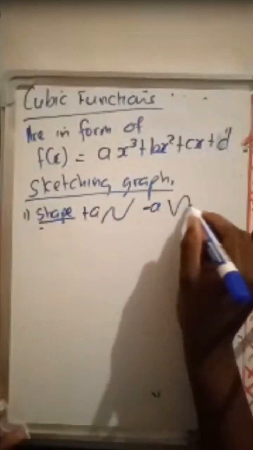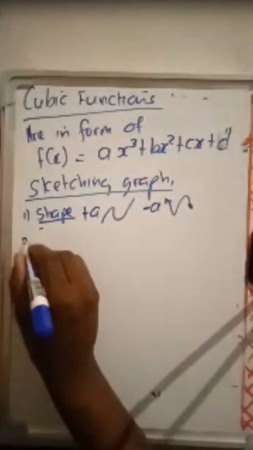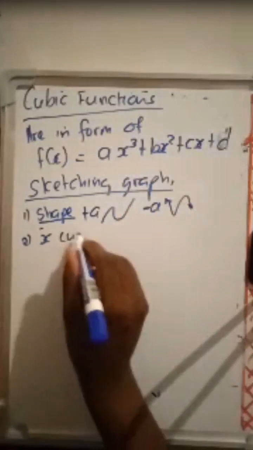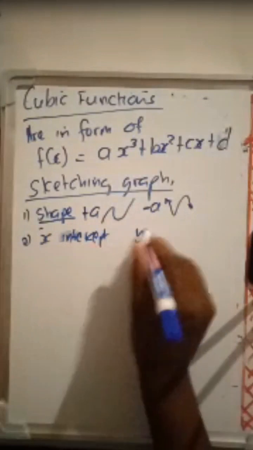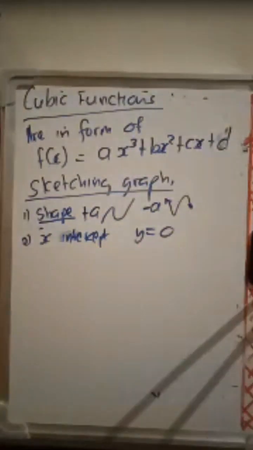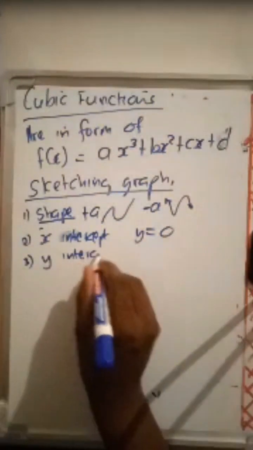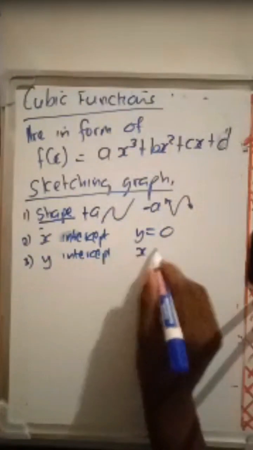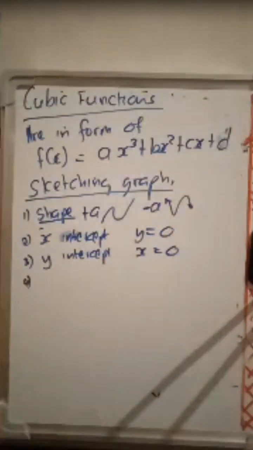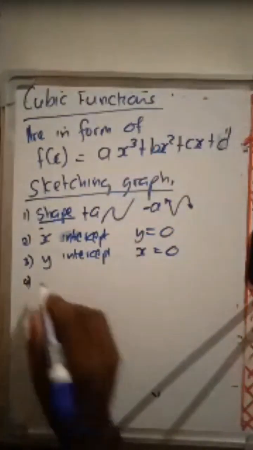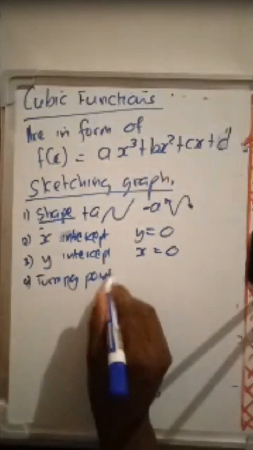Okay, right? Then number 2, the other thing that we want is the x cuts, the x intercepts. This one we get by saying y is equal to 0 and solving like what we're doing. Then number 3, we need the y intercept, which is going to be x is equal to 0. Then number 4, we need the stationary turning points, which are also considered stationary points.